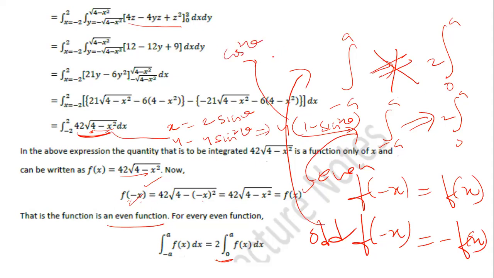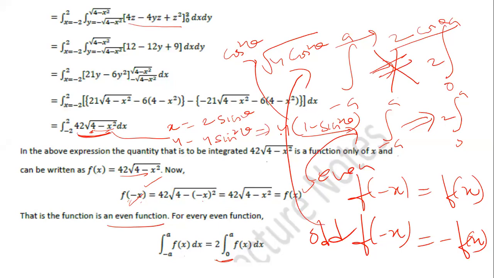So this can be written as 4 cos square theta, and there is a square root here. So square root means 2, cos square means cos theta. So you can convert it to 2 cos theta. So for simplicity, you have to use a substitution method using this trigonometric property to simplify this square root integration.